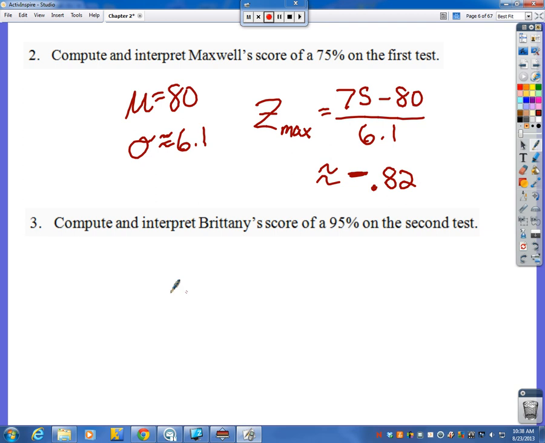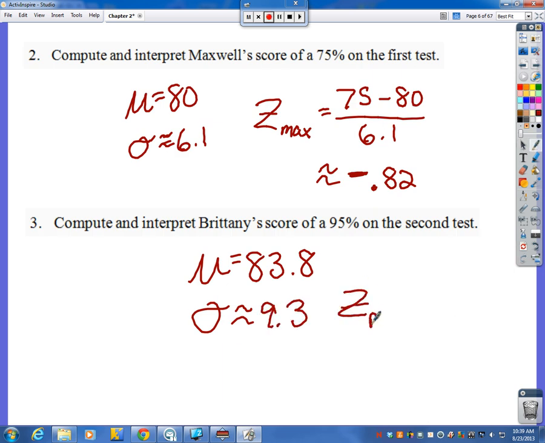All right. And compute and interpret Brittany's score of a 95 on the second test. We said the mean of the second test was an 83.8, and the standard deviation was approximately, I don't remember, what was it, 9.3. So z sub Brit, we've got a 95 minus 83.8 divided by 9.3.